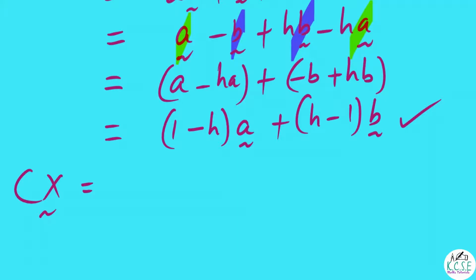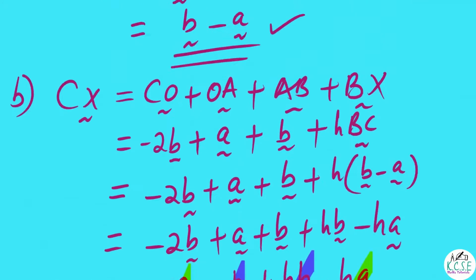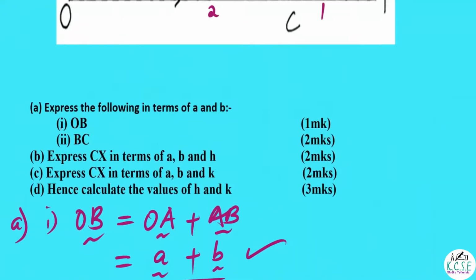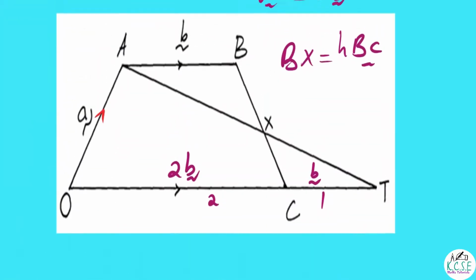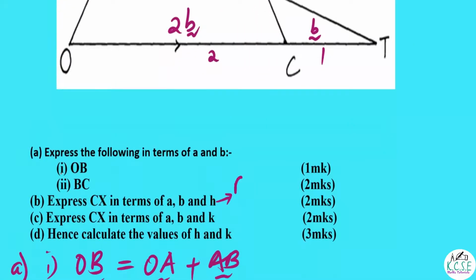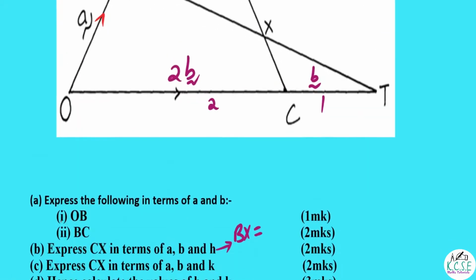The second expression, we're going to use AB and K. Note that in this first part we have used this expression BX. So BX is equals to HBC.